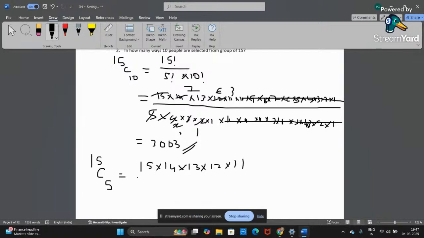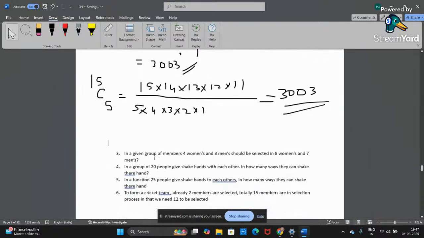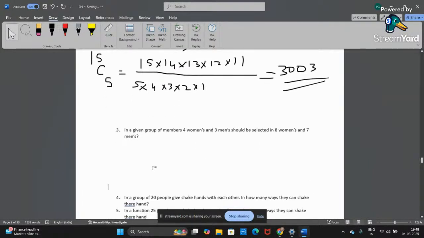We are writing only 5 digits because here it is 5. Then 5 into 4 into 3 into 2 into 1. So in the same way we got the answer, and when we calculate this, we'll get 3003. This is your final answer. In this way, find the answer for the rest of the 4 questions.